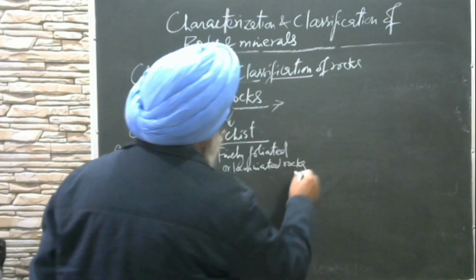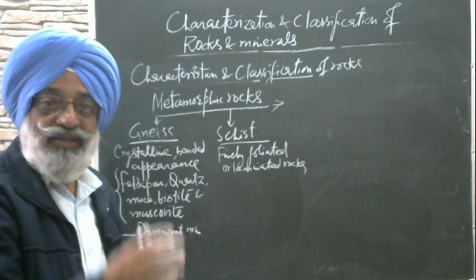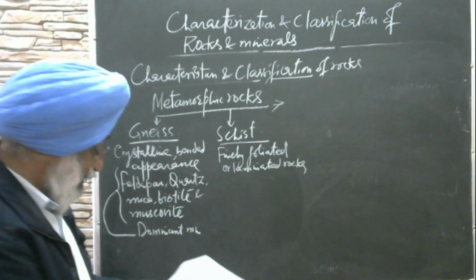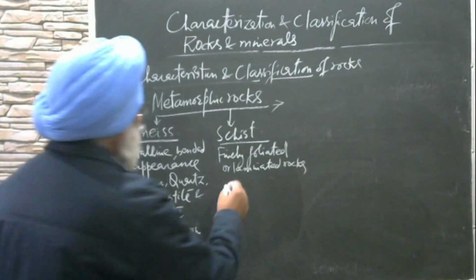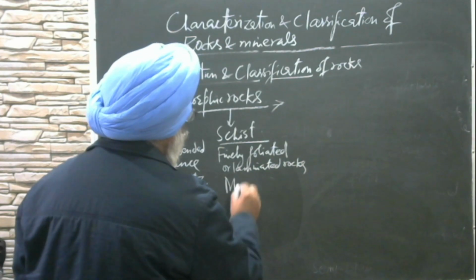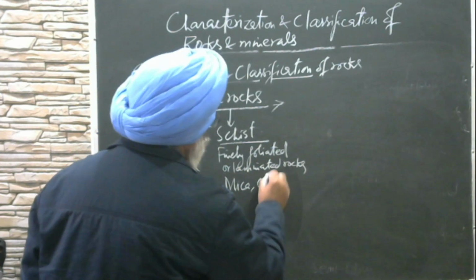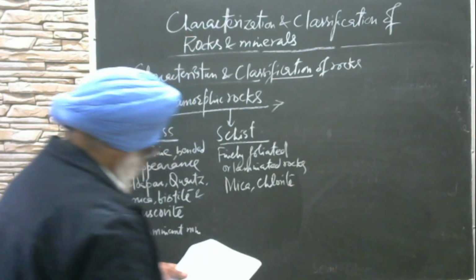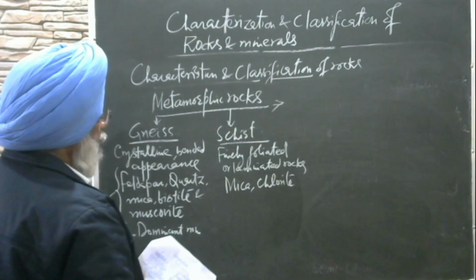Why laminated? Because if you remove one layer, you can remove another layer, just like you have lamination on a particular thing. And examples, the minerals are mica, chlorite. These are in fact the dominant minerals. Mica, chlorite are dominant minerals.